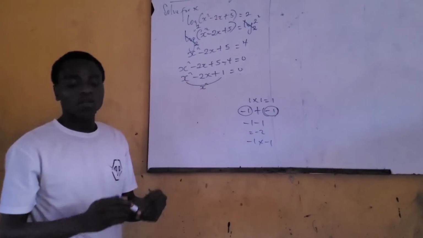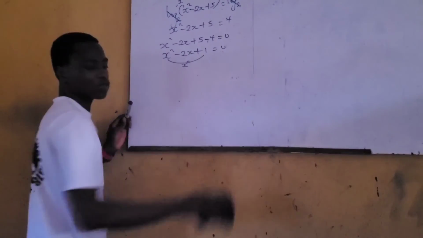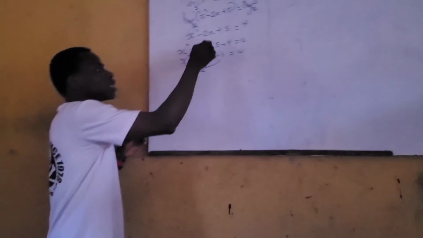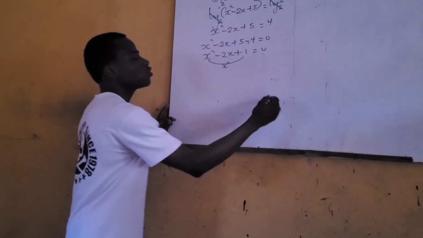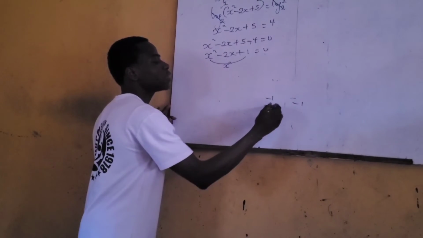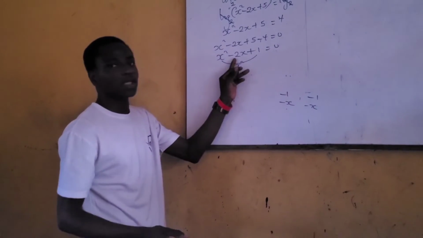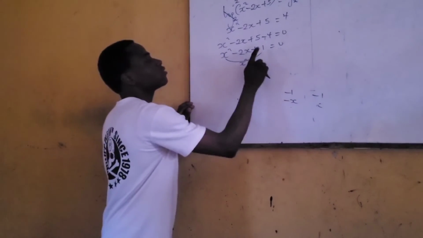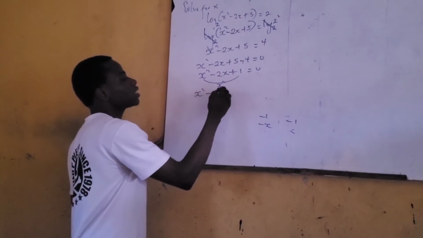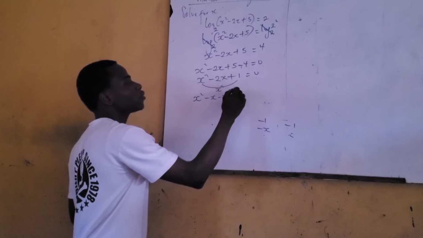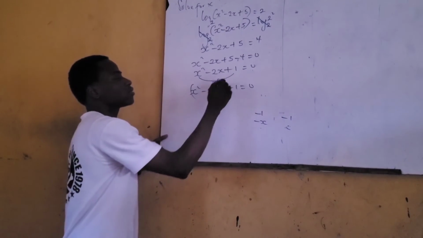And I believe you know that in a quadratic equation, after you get this, the middle term is replaced. So I substitute minus 1, which means I'll be using minus x and minus x, giving minus 2x. So I'll say x squared minus x minus x plus 1 equals 0. Now I'll factorize the two sides.